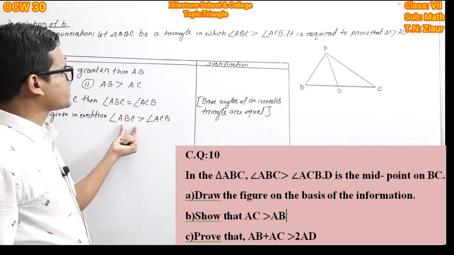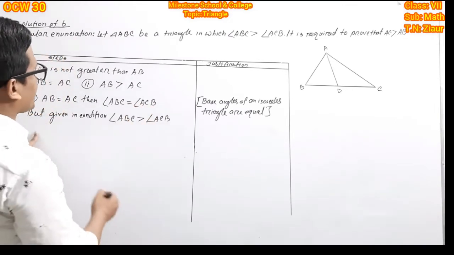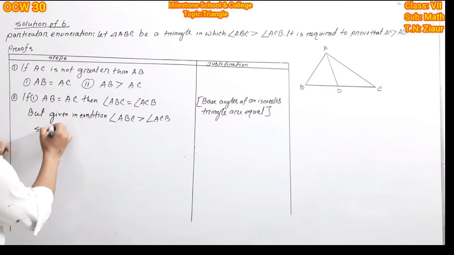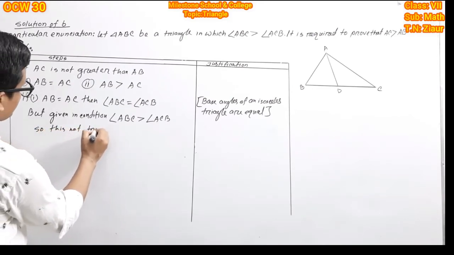Given in the condition that this angle is greater than this angle, that means this one is not true, so we can write here: this is not true.